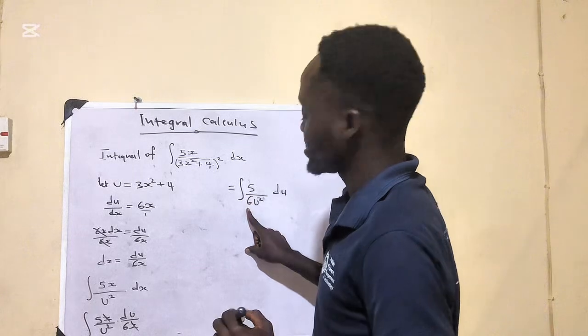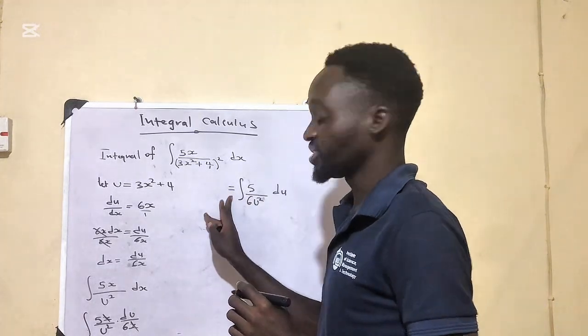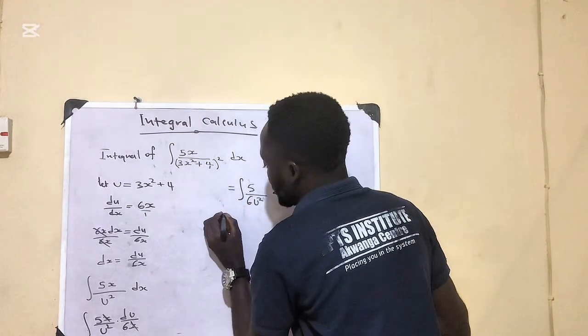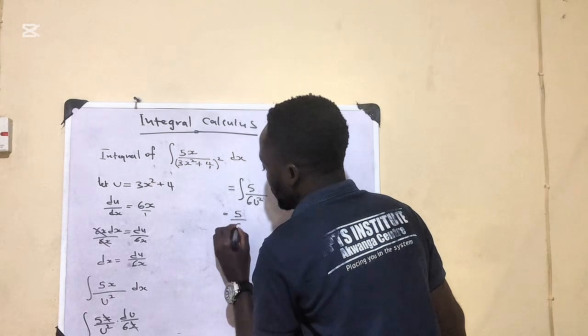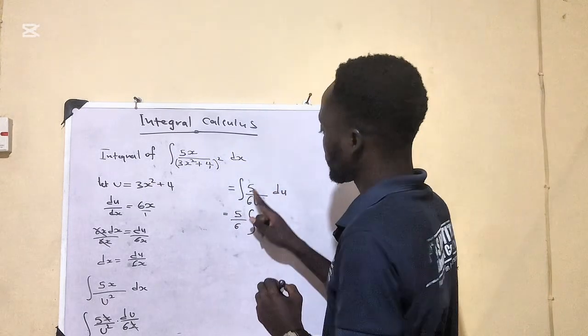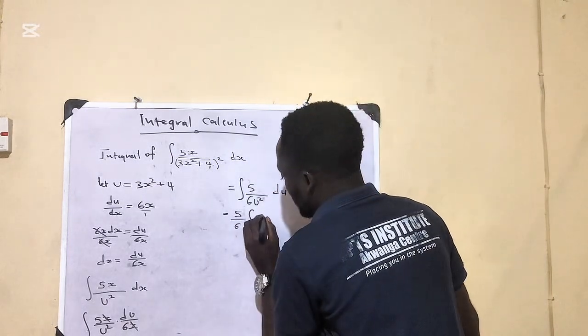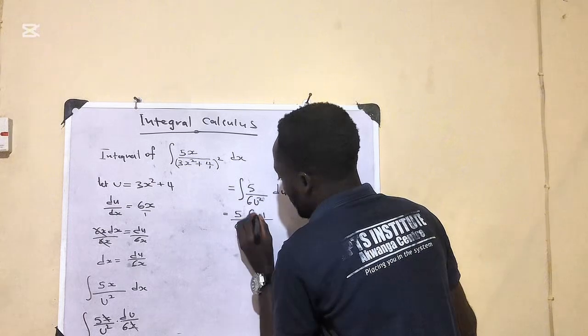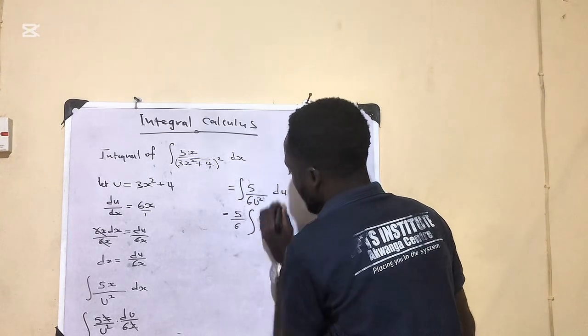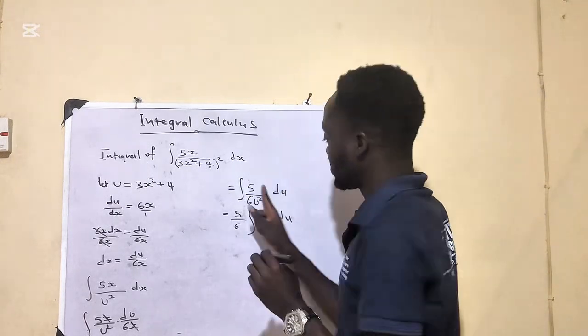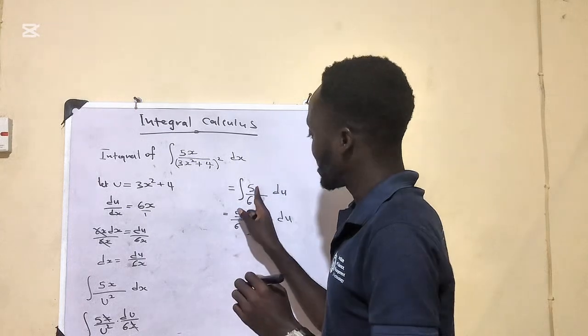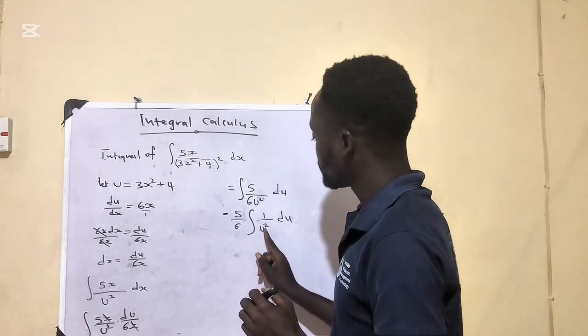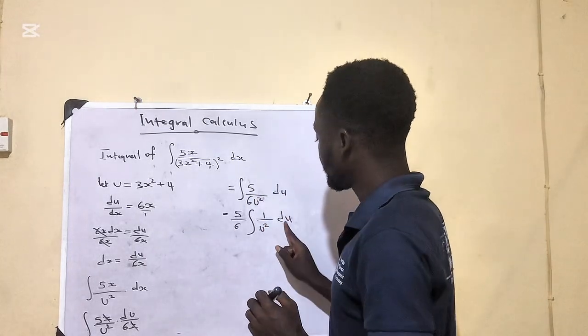Since 5 and 6 are constants, we can bring them out of the integration sign. So we have 5 over 6 times the integral of 1 over u squared du.